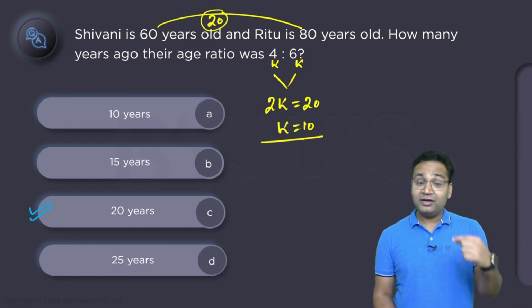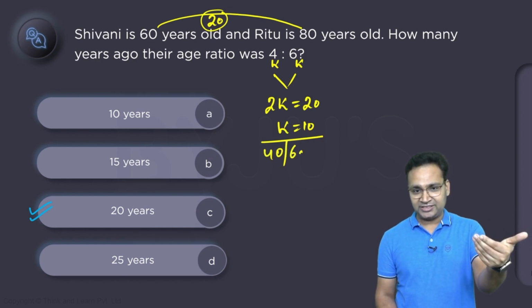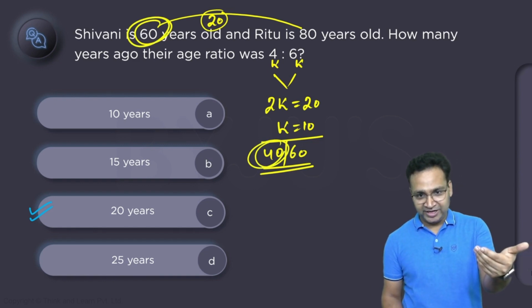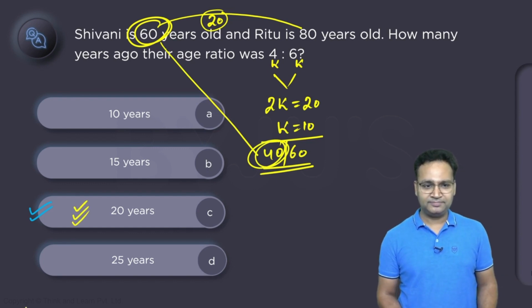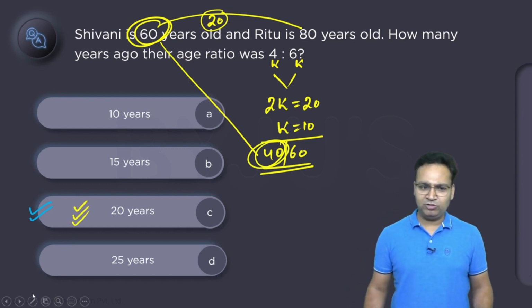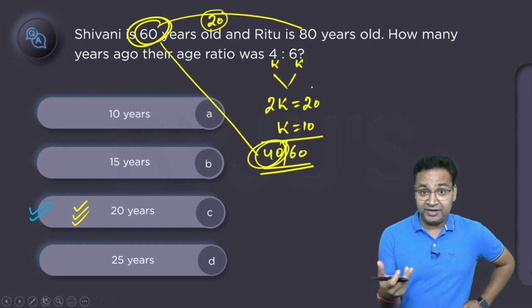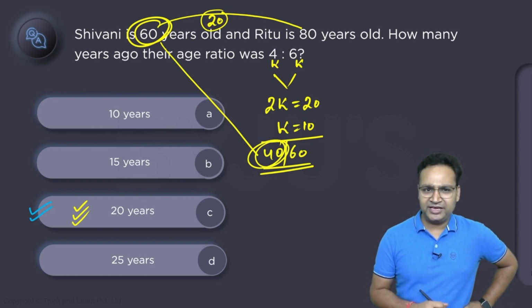That means at that point of time, the ages are 40 and 60. Currently the age is 60. Later on the age is 40. How many years ago? 20 years ago. Can it be done without pen and paper? If I just develop this understanding, if I just learn how to use this concept, yes, it can be done.